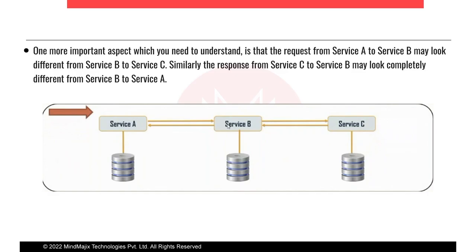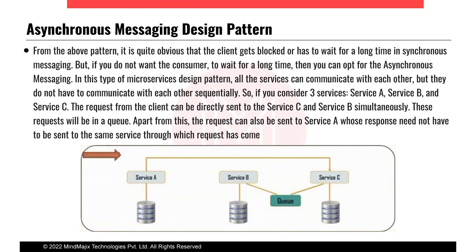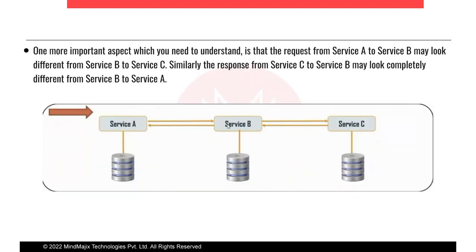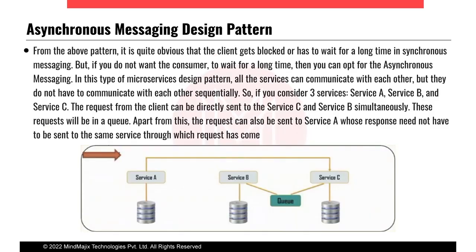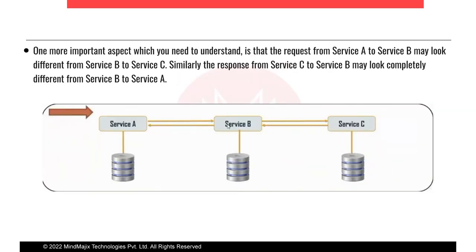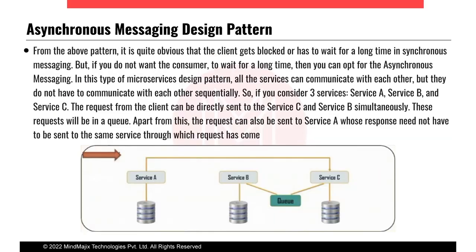To avoid this, we have the next design pattern, that is the asynchronous messaging design pattern. This design pattern exists because the client can request directly. As I told you before, service A, service B, and service C. In the diagram you can see the request is coming directly to service C and service B. It's not going from A to B, B to C, and again C to B, C to A. It is coming directly to service C and taking the response, and we have the queue concept here.